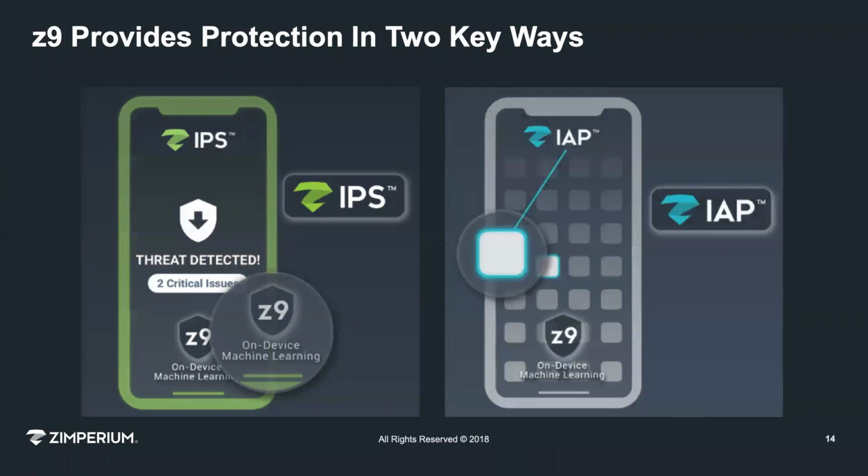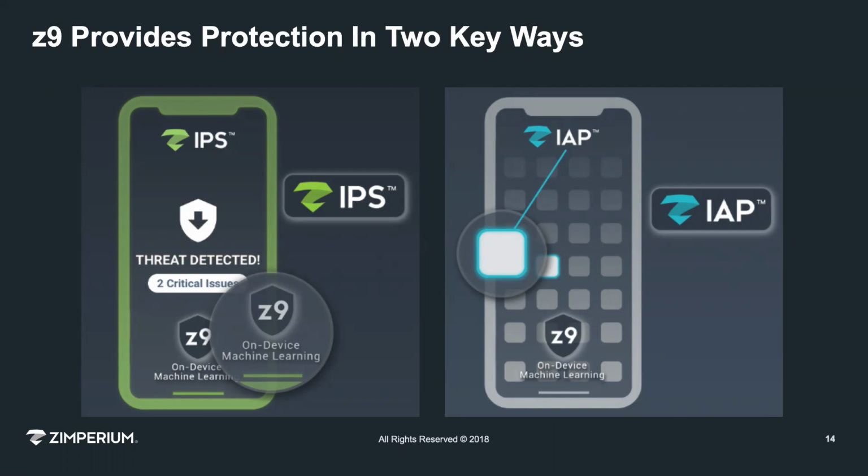We also have that same Z9 engine, which does its on-device behavior-based detection, provided in our zDefend SDK. This is where we can provide in-app protections during runtime for any customer's applications, both internal and, importantly, consumer applications.